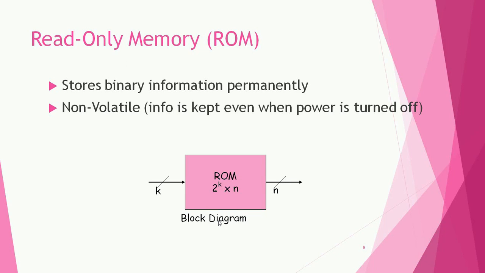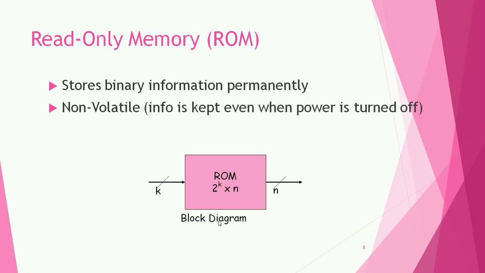Observe the diagram of the ROM, 2 raised to k by n, where k is the number of address lines, as shown here, and n is the number of data lines. We will come to this in the next few slides. Basically 2 raised to k are the memory locations available, the locations where you can store the data.